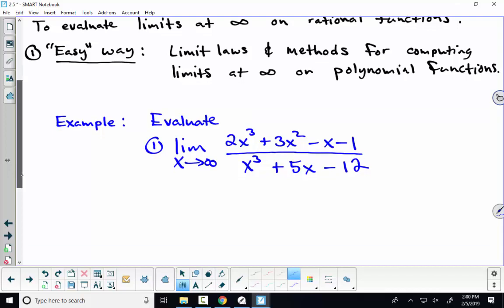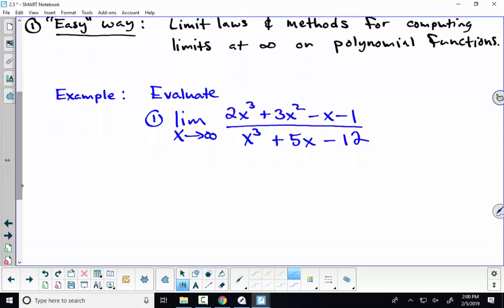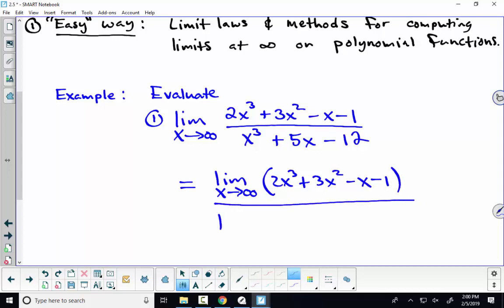When we compute this limit at infinity, remember the limit law says that we've got the limit of a quotient. So I can take the limit of the numerator divided by the limit of the denominator. At least for this example, I want to work it out this way, just to show you where it leads us.